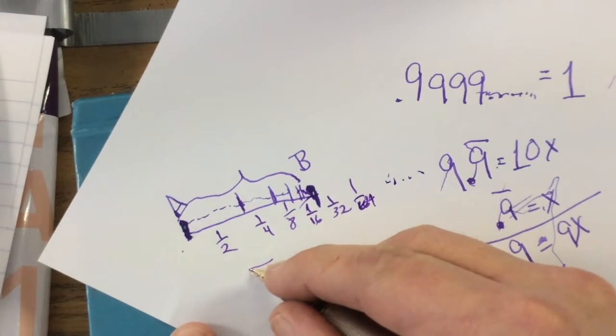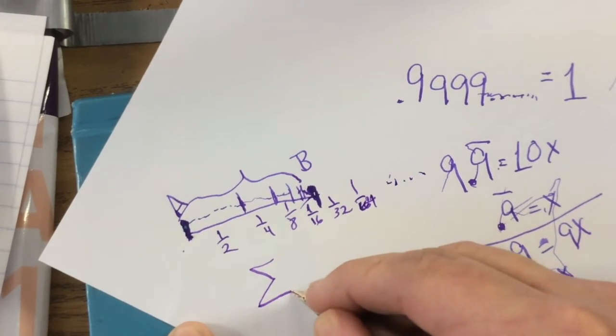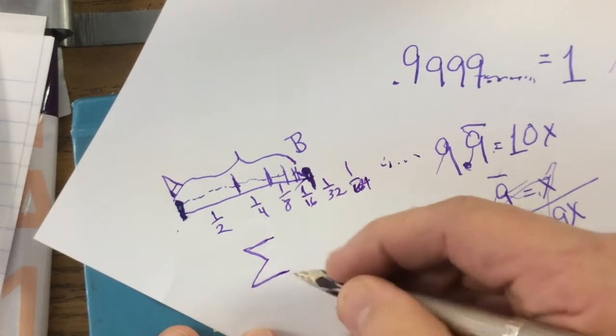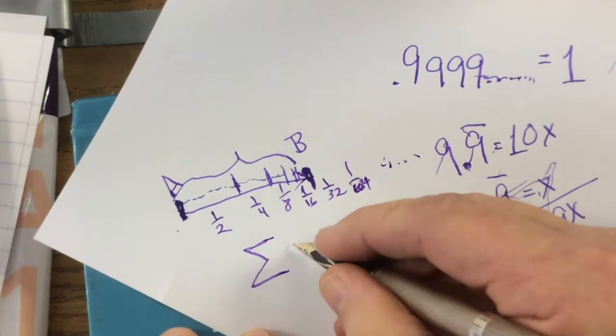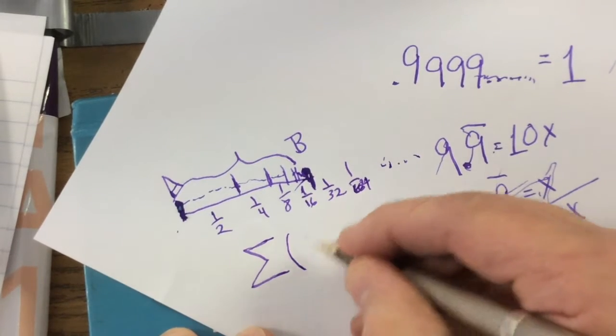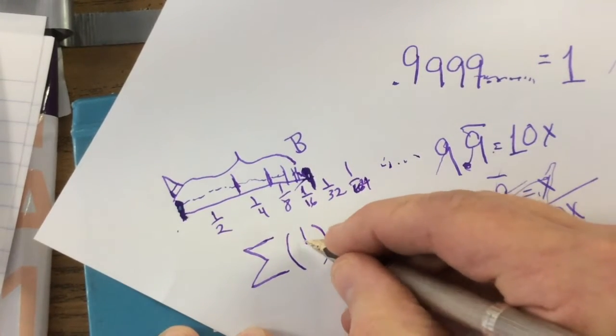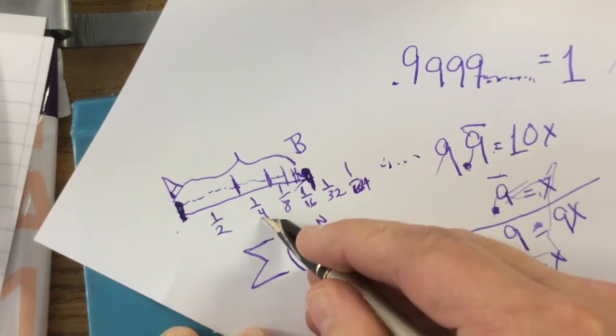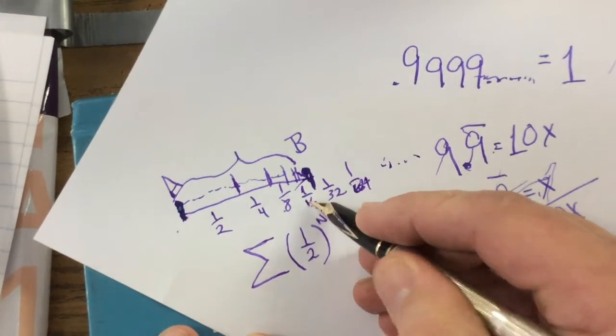But this is the sign for adding things up, the summation. If I said, okay, I'm going to take all of these 1/2s, and that's what this is, 1/2, 1/2 squared, 1/2 cubed, 1/2 to the 4th power.